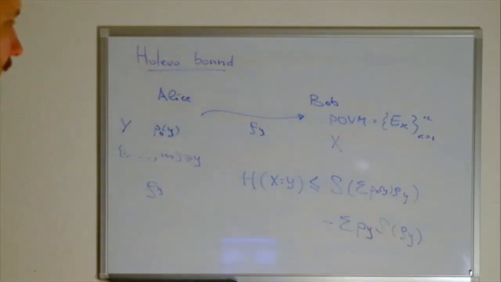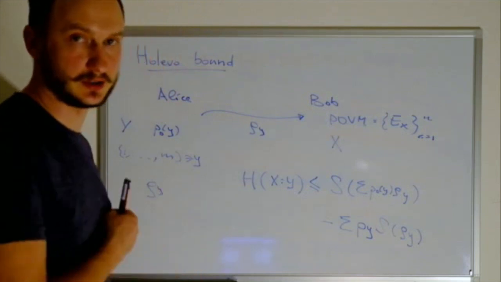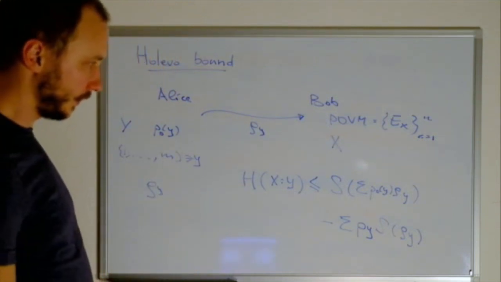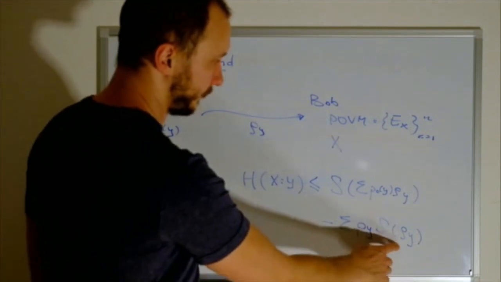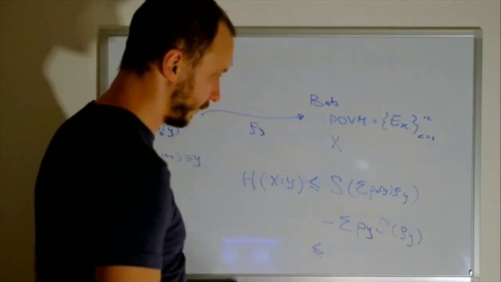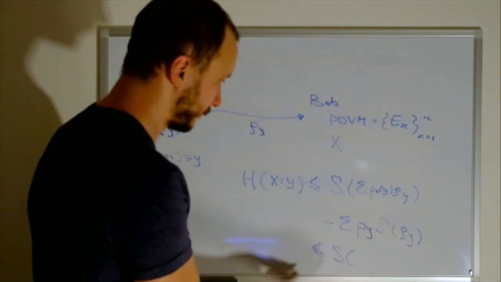Now we'll consider a somewhat restricted version. We will just say that Alice always sends pure states. Entropy is always positive, so of course this thing is smaller or equal than just S, the first term, because we subtract something positive.